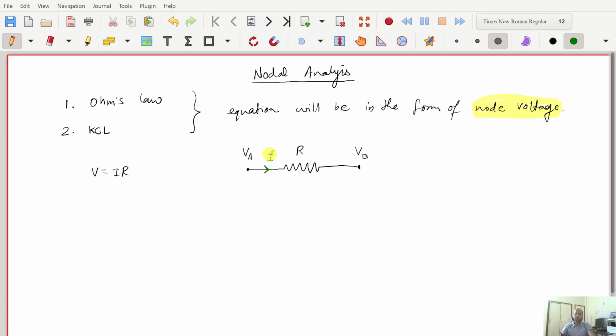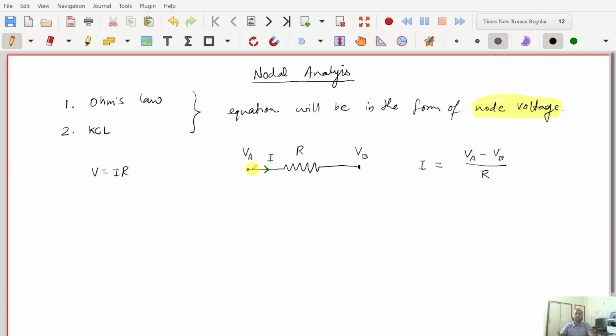Therefore, the voltage VA must be at a higher potential than VB, then only is the current going to flow from node A to node B. If this is the case, we can write the expression for I as VA minus VB divided by R.